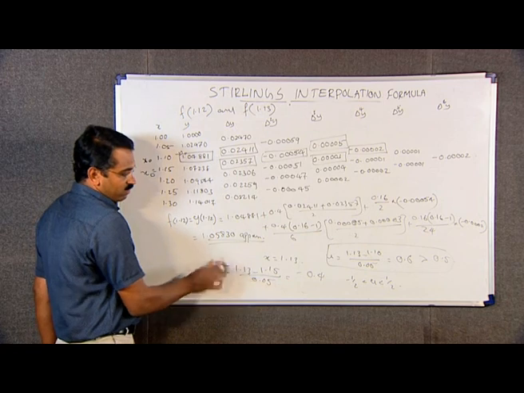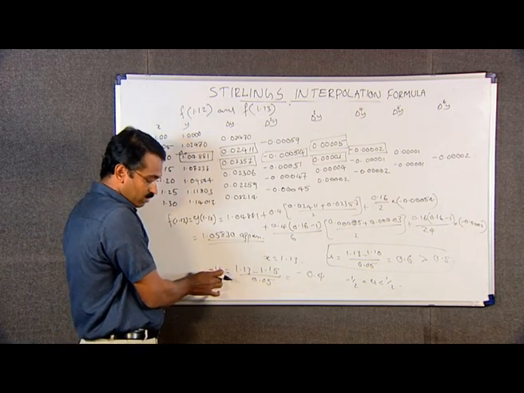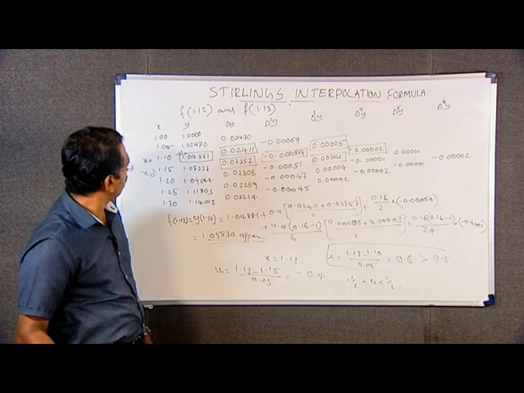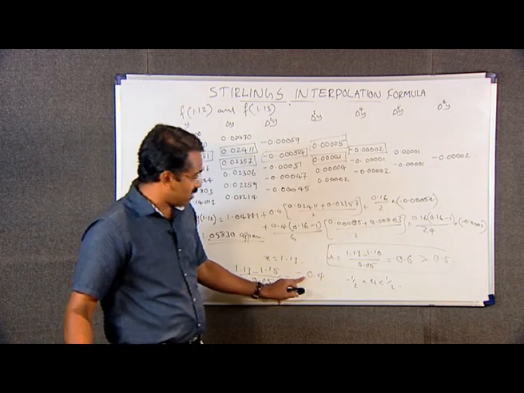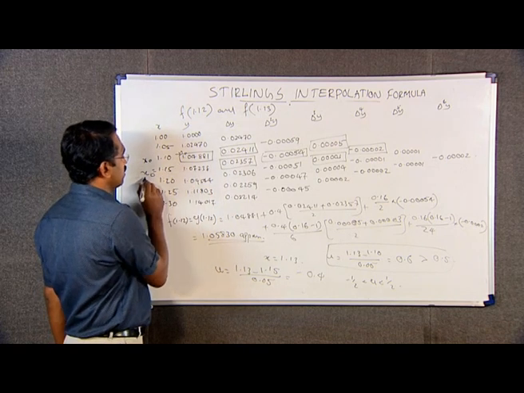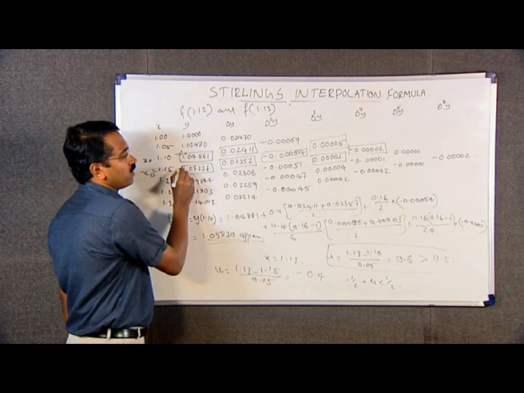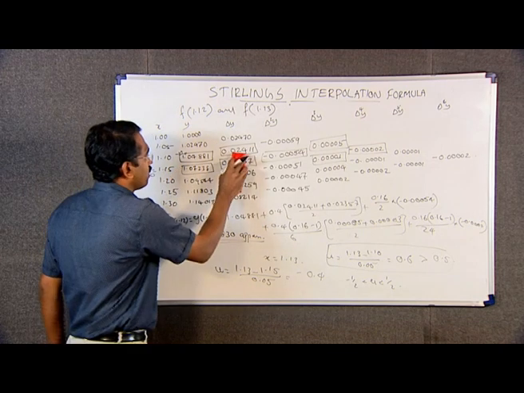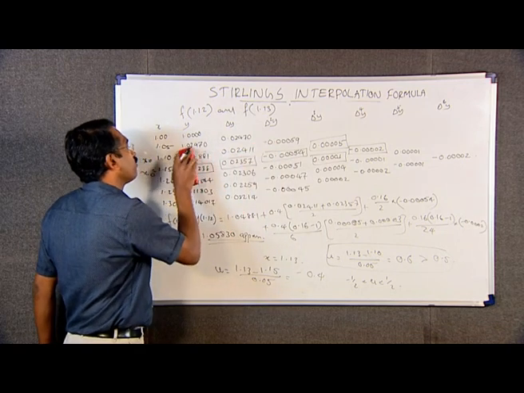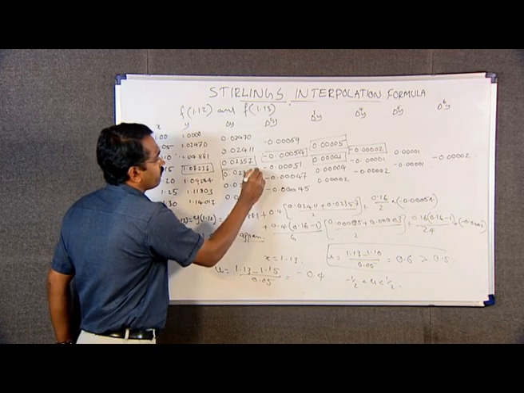Therefore, we will get better accuracy in the result. Substituting the value of u as minus 0.4, and the corresponding relevant differences, where this is x naught 1.15 and the corresponding y naught is this, and the corresponding differences involved in the formula are this one and these two.